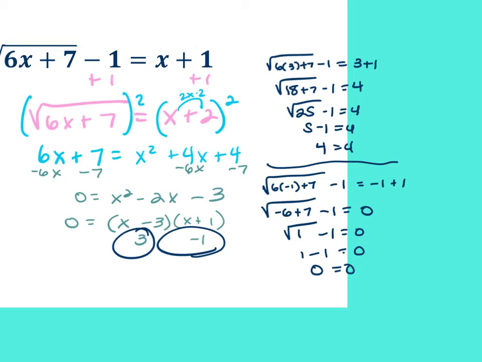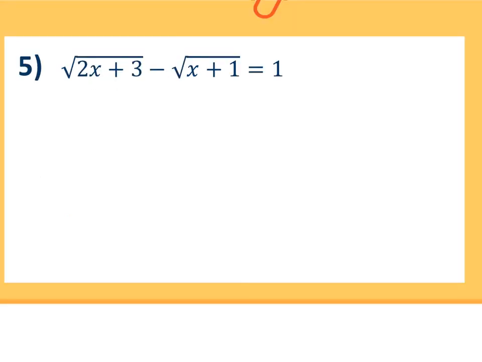Questions on those? So look at 5. What would you do first normally? If I square them, let's say I do that, right? If I square them, I have to square this whole side and then this whole side.